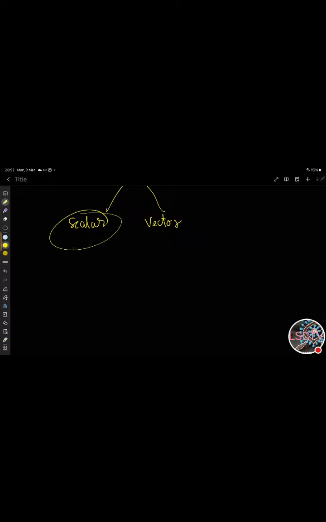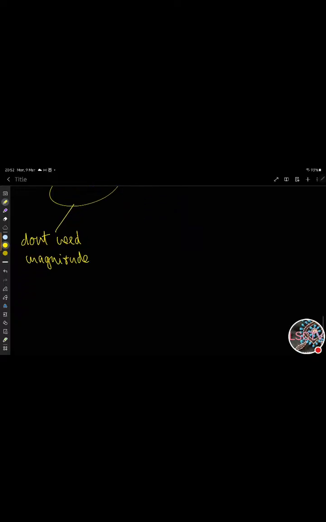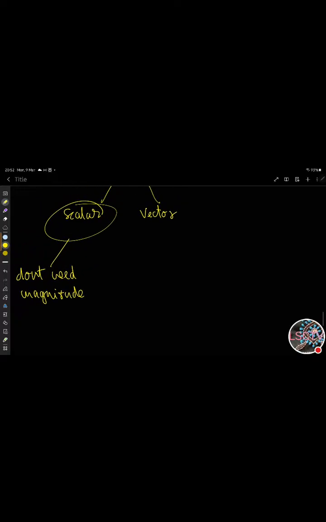Scalar quantities only need magnitude to represent them.